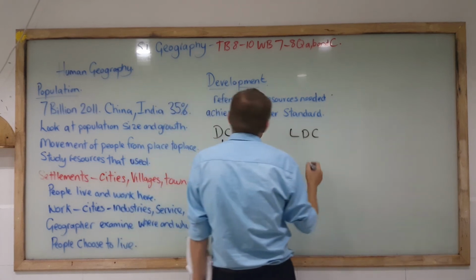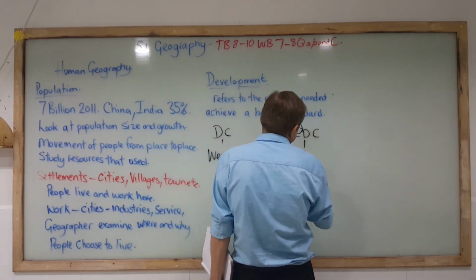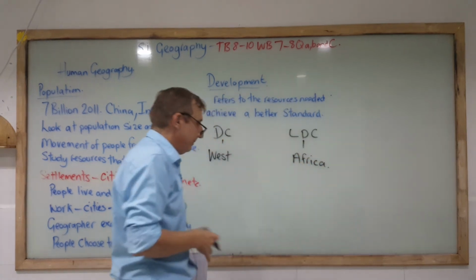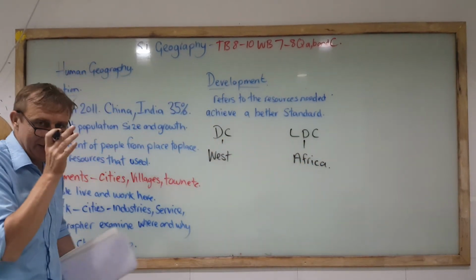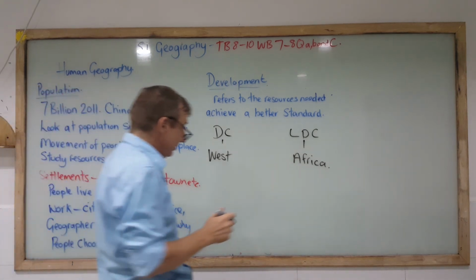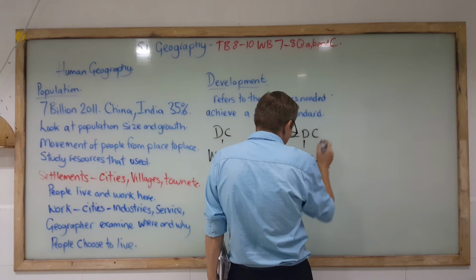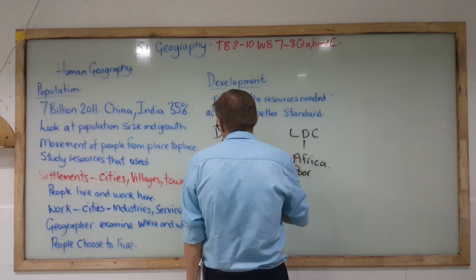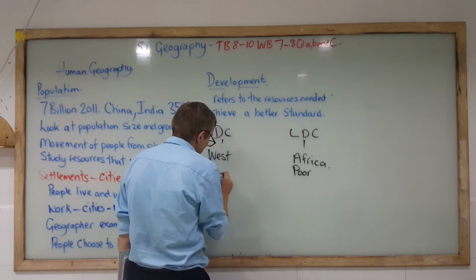Less developed countries, we can say Africa. It could be parts of China, could be parts of Asia, but I'll use Africa as the main point. Yeah. Many African people, in the lower developed countries, are poor. The West is rich.